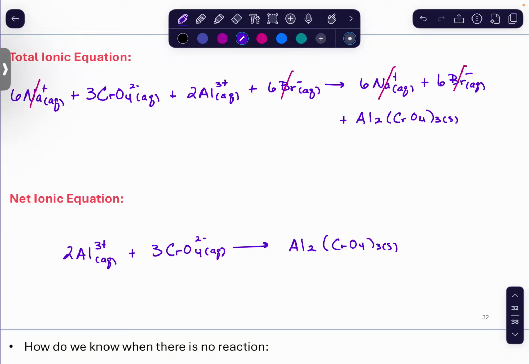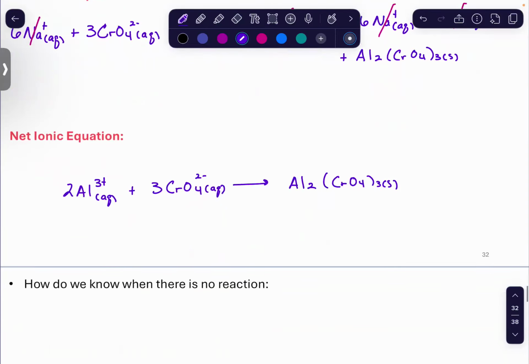This is my net ionic equation. And it's, again, the ionic equation after the spectator ions have been removed. And so now you see the actual chemically important part that occurred in this reaction.